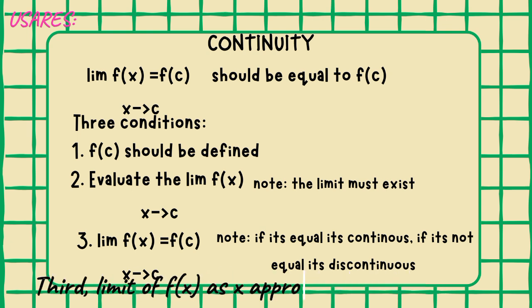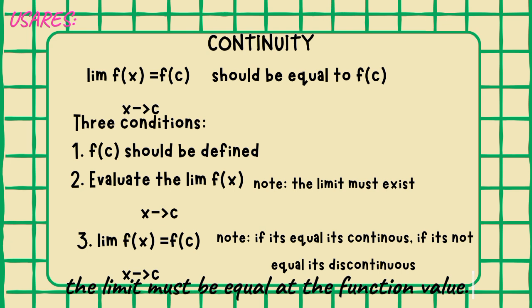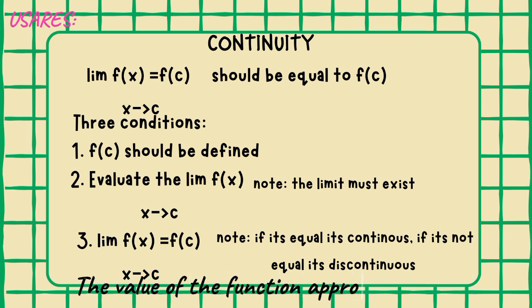The limit of f of x is equal to f of c. The limit must be equal to the function value. The value the function approaches as x gets closer to c must be the same as the actual value of the function.